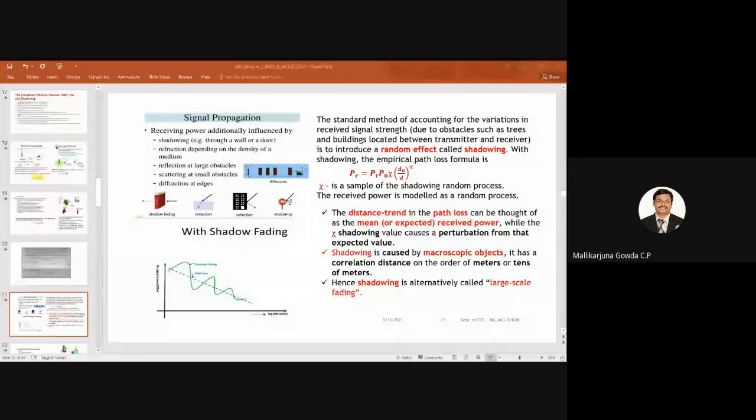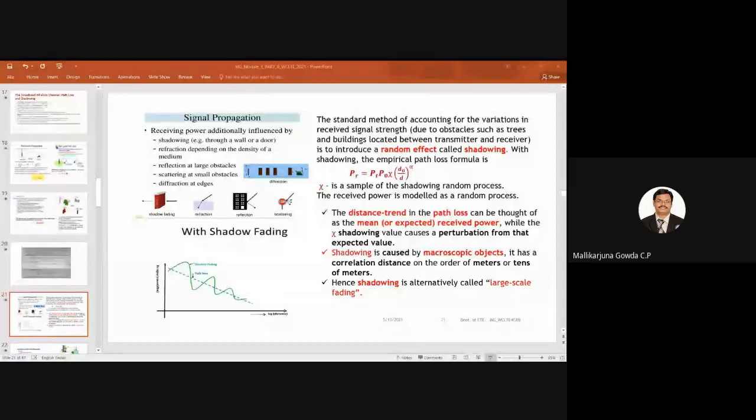The dotted line that I have shown is the path loss. As I said, the distance trend in the path loss can be thought of as the mean or expected value of the received power. With respect to that mean value, there is a variation in the signal power as the distance increases. That variation we call shadowing, that is due to shadow fading.